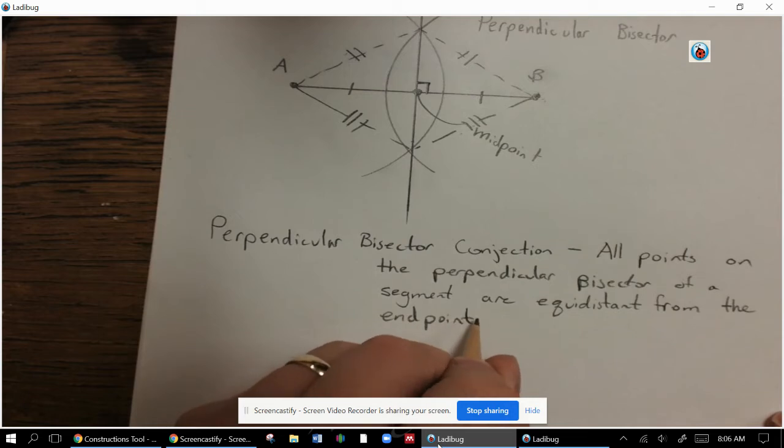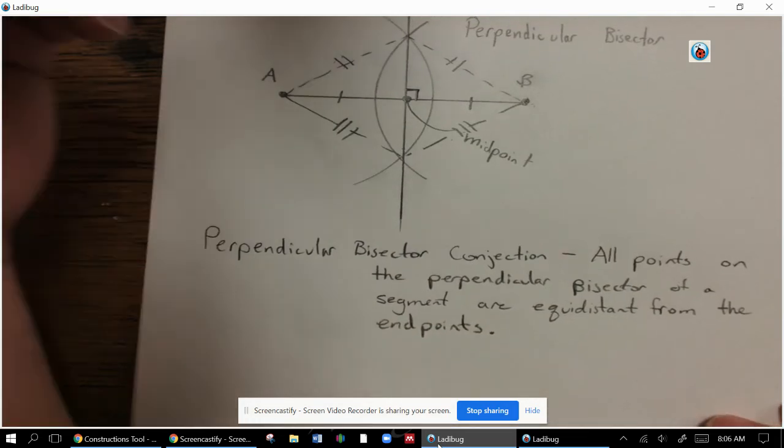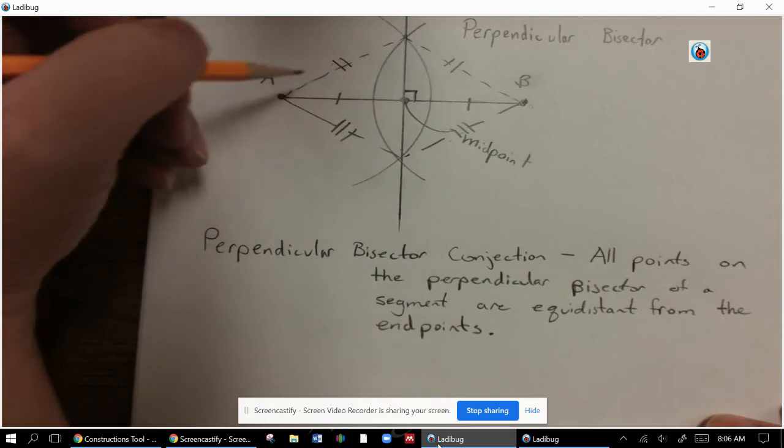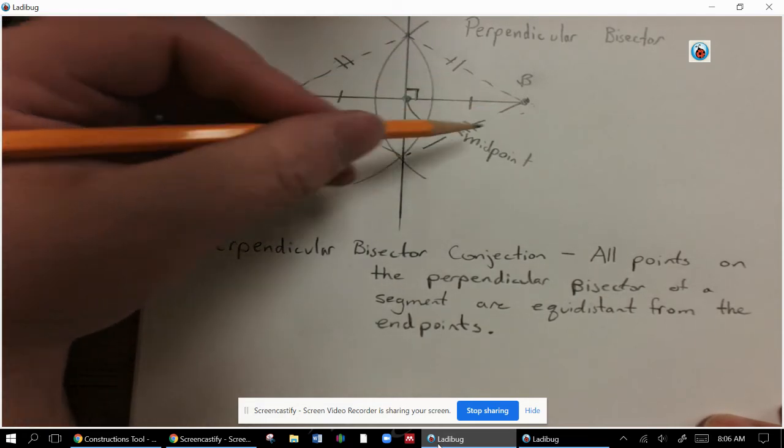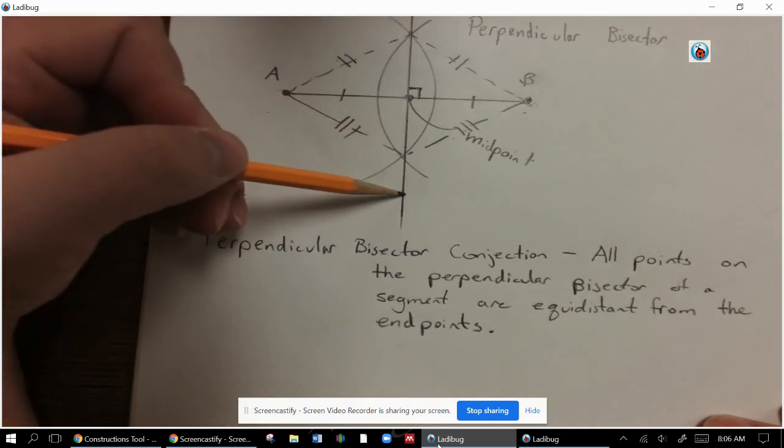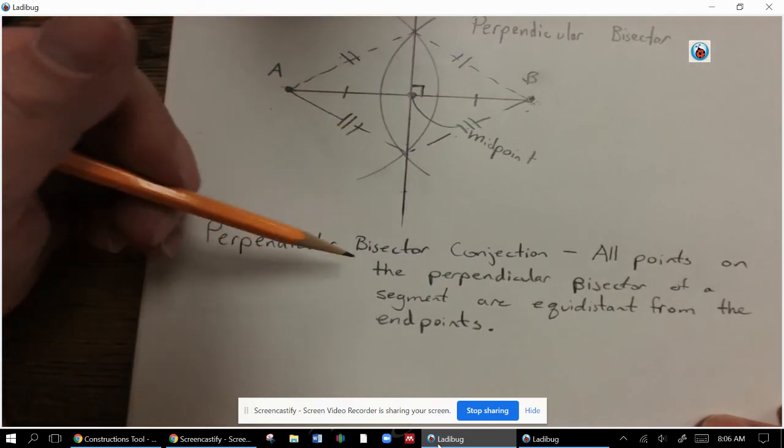And that's exactly what we did to create this perpendicular bisector. We created a point here that was equidistant from the endpoints. We created a point here that was equidistant from the endpoints, drew a line straight through it, and that is basically the perpendicular bisector conjecture.